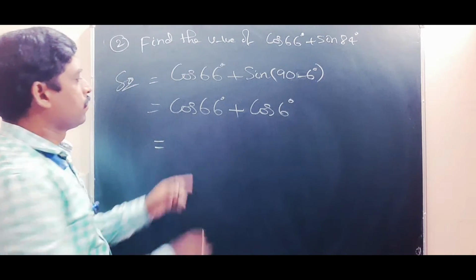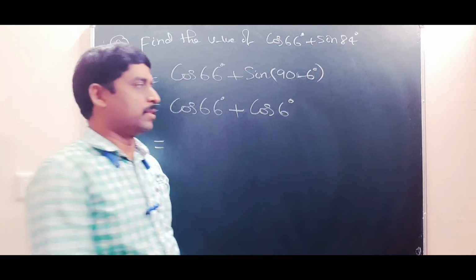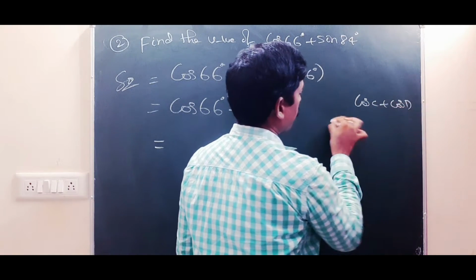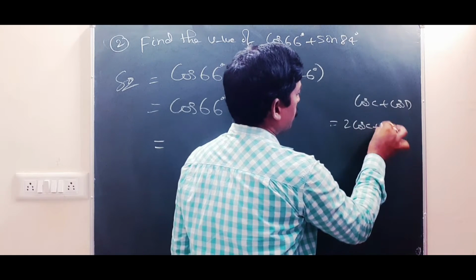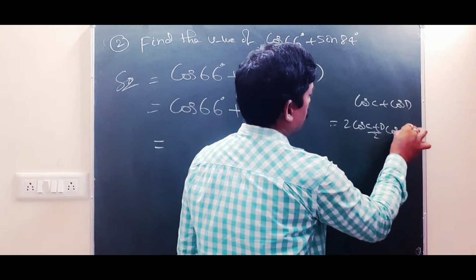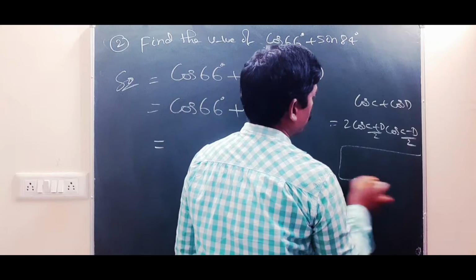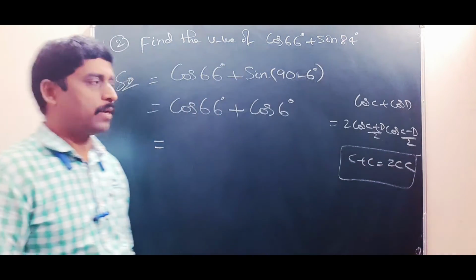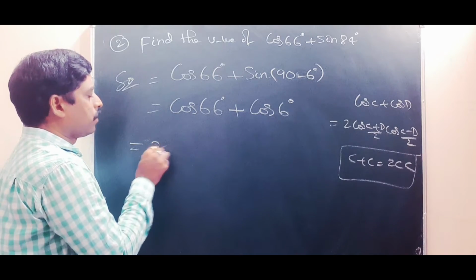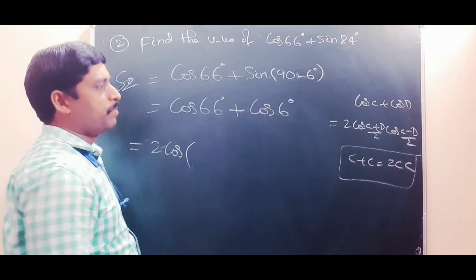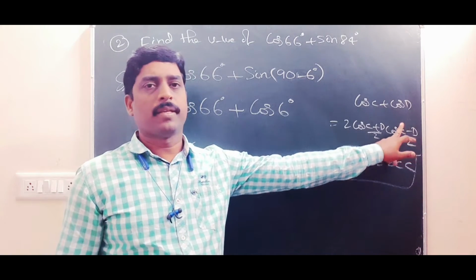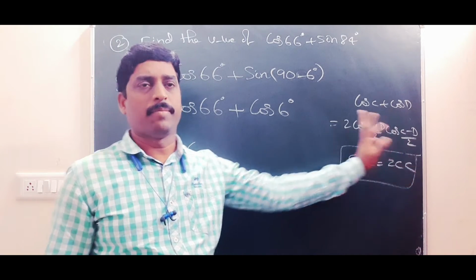Now I say that cos C plus cos D equals 2 cos (C plus D) by 2 cos (C minus D) by 2. Our coding formula is C plus C is equal to 2CC. C plus D by 2 means the sum of angles by 2, and C minus D by 2 means the difference of angles by 2.